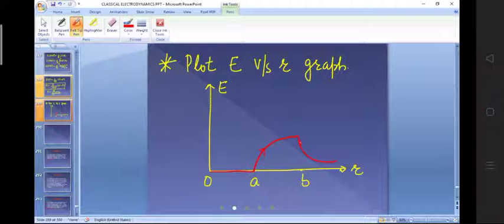Moreover, this point is called the point of discontinuity, because just before this the behavior of the graph is one thing, and just after this the behavior of the graph entirely changes. Here the electrostatic field is proportional to 1 divided by r square, and in this region it is proportional to r cube minus a cube divided by r square. And in the inside region the electrostatic field is obviously equal to 0, because there is no charge inside.